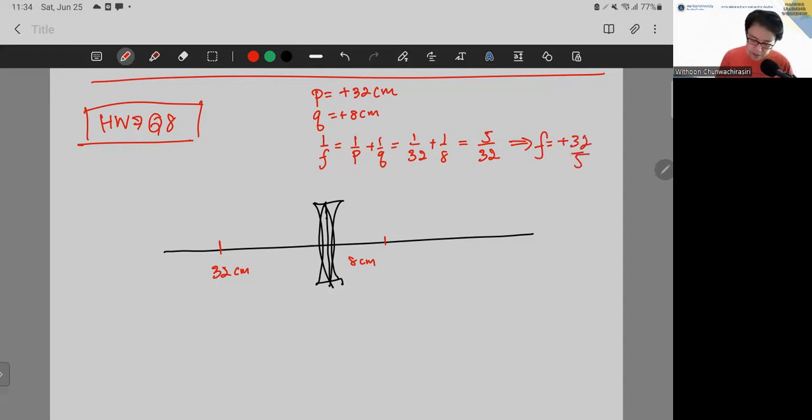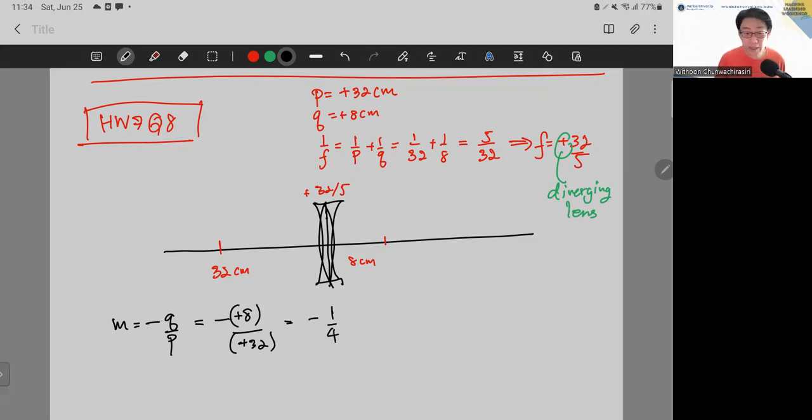When you say it's positive, 32/5, that means this is a converging lens. With me? Okay. What is the magnification? The magnification is negative Q over P, and that means negative Q, positive, over P, positive 32, is negative 1/4.